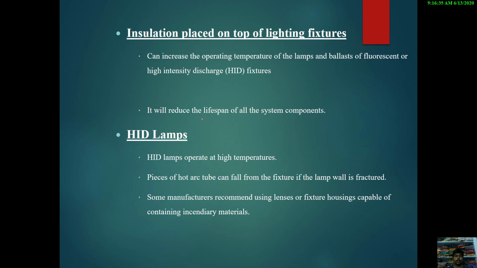It will also reduce the lifespan of all system components. The next one is HID lamps, which operate at high temperatures, and pieces of hot arc tube can fall from the fixture if the lamp wall is fractured. These all come under HID lamps, that is, high intensity discharge lamps.